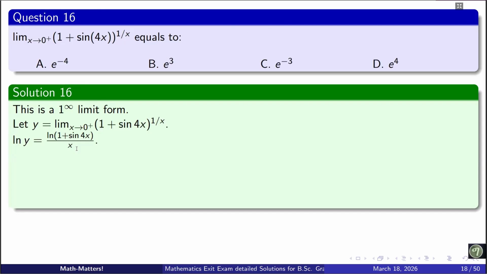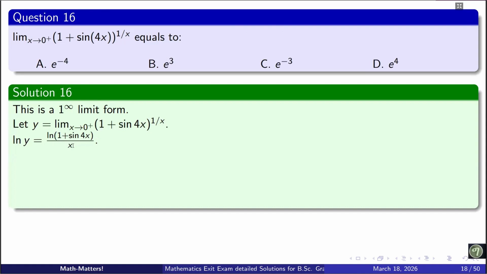And then if you take this one, ln of (1 + sin 4x) over x, and directly apply 0 from the right side, the numerator gives sine of 0 is 0, 0 plus 1 is 1, ln of 1 is 0.